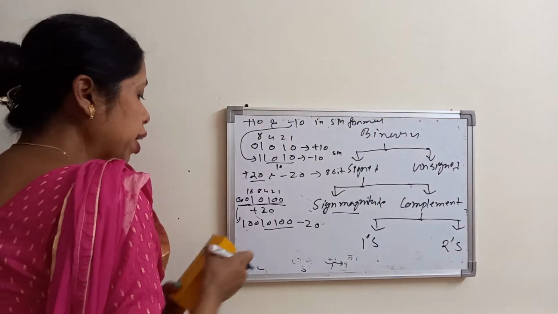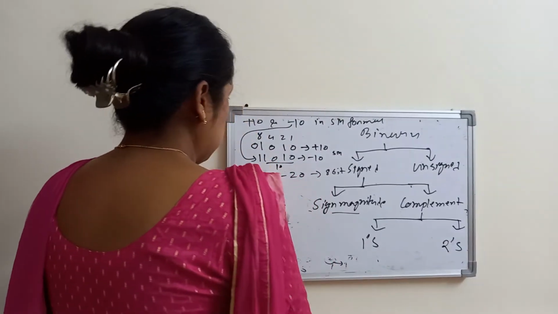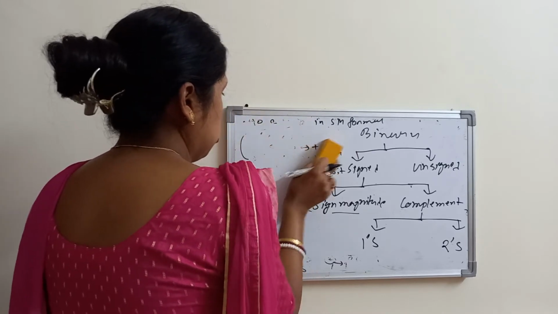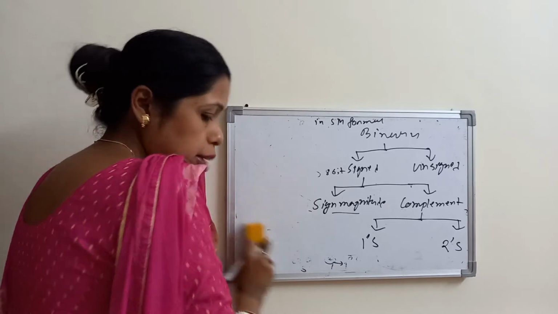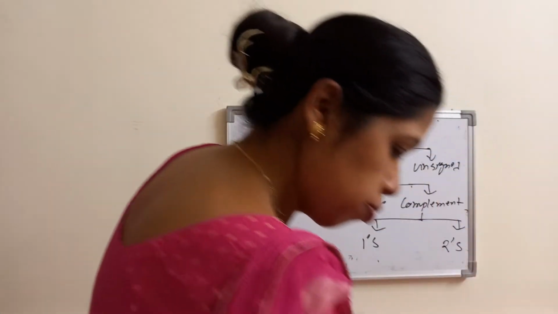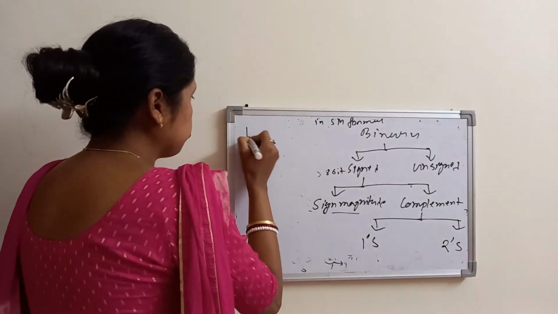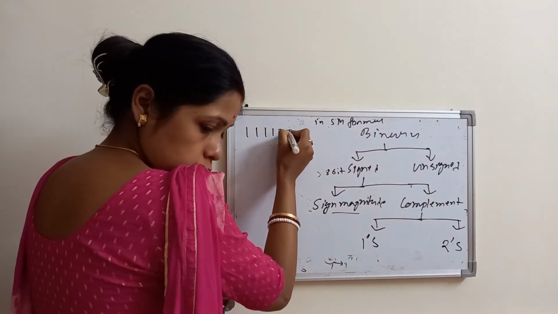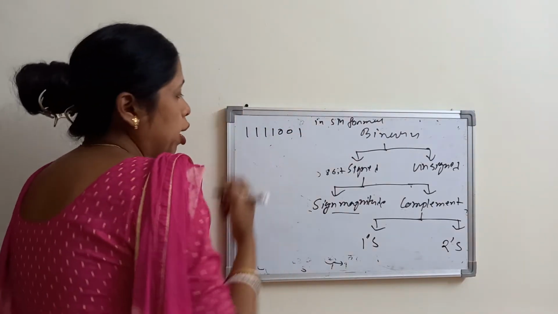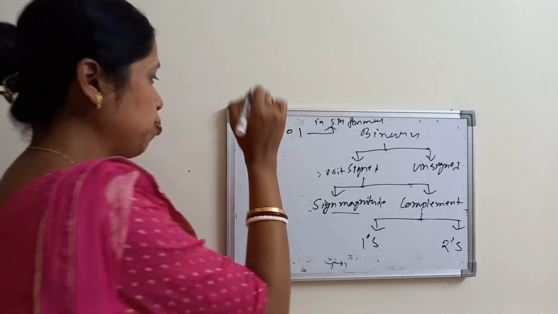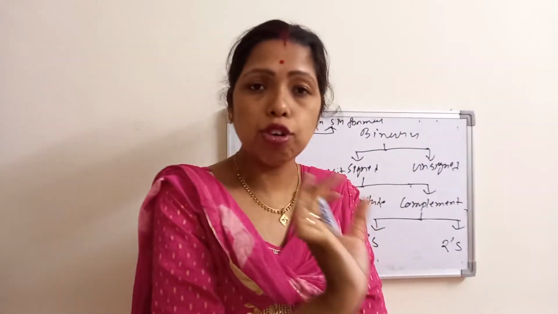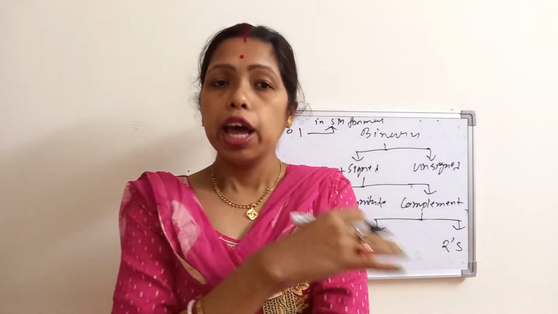Now, suppose a binary number is there in sign magnitude format. If a binary number is there, as I told, first you have to check the MSB.